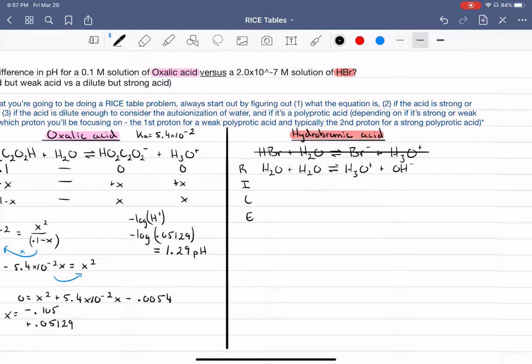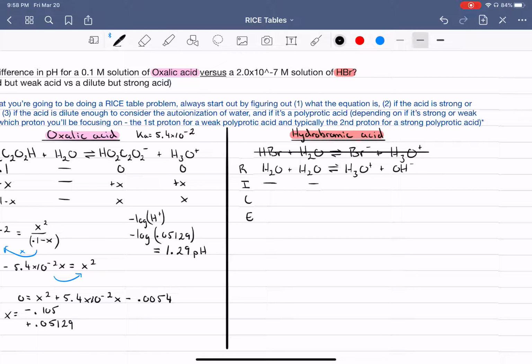And what I mean by that is we consider this value the same as, like, we put it in the I category for initial under H3O plus as the product. We're saying we're already starting this reaction with this much acid. Now let's see how much more acid is produced after water autoionizes.